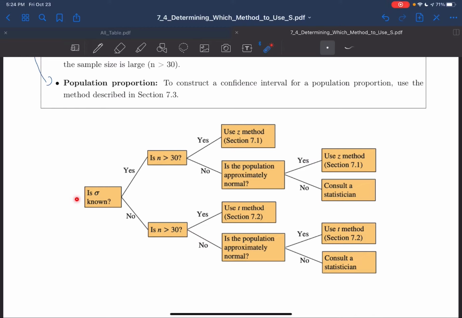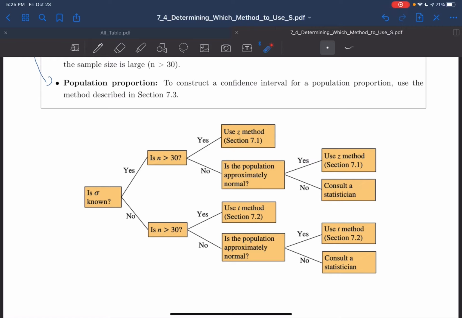Okay, so what happens if you ask yourself, do I know my population standard deviation, and the answer is no? Then you ask yourself, is your sample size greater than 30? If it is, then I need to use the T method from 7.2. But let's say your sample size is not greater than 30.